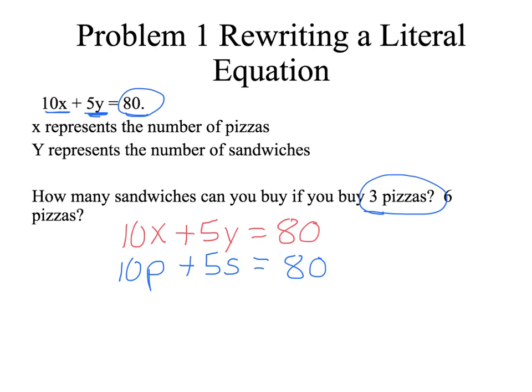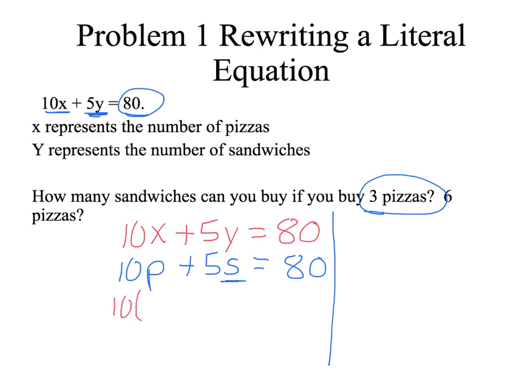Okay, so how many sandwiches? That's the part you don't know, so you're going to solve this equation for S. And that's going to tell you how many sandwiches you can buy if you buy 3 pizzas, if you buy 6 pizzas. Well, what you could do, if you know you're buying 3 pizzas, so this is option number 1, is plug in 3 for pizza.